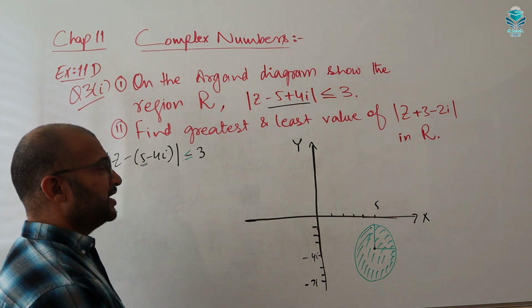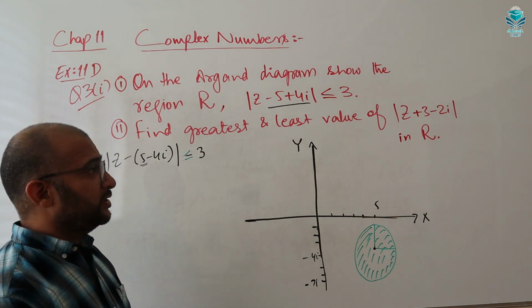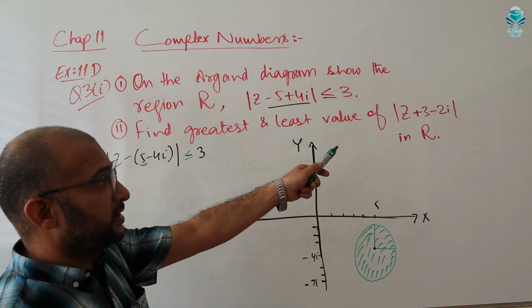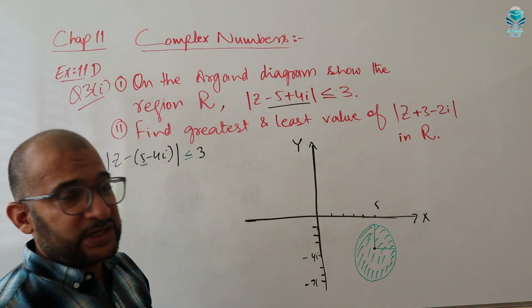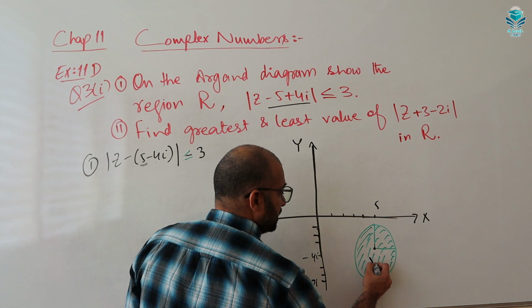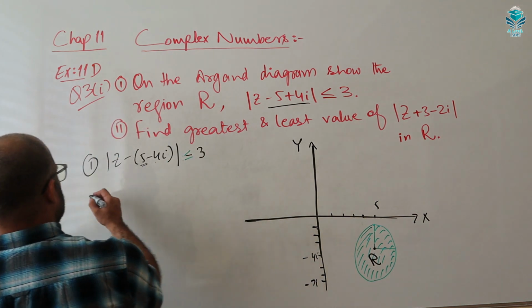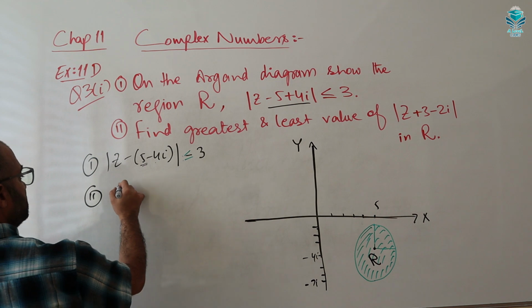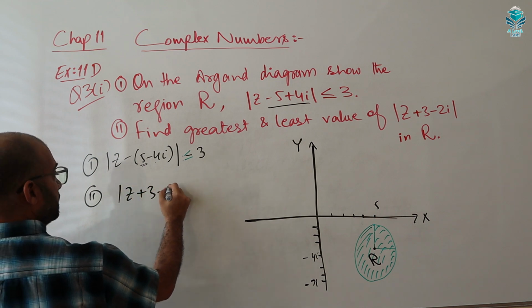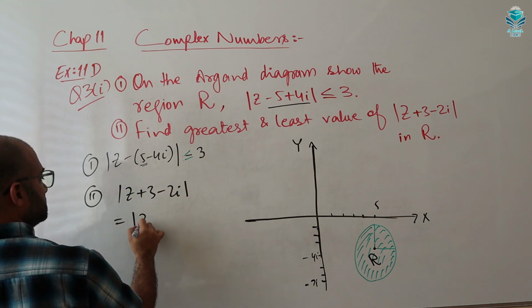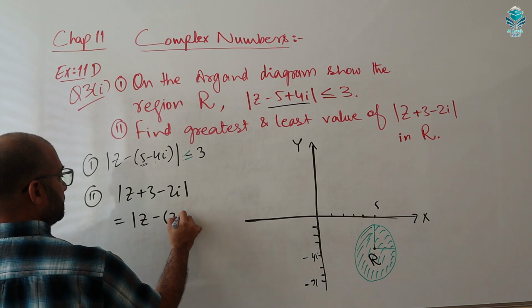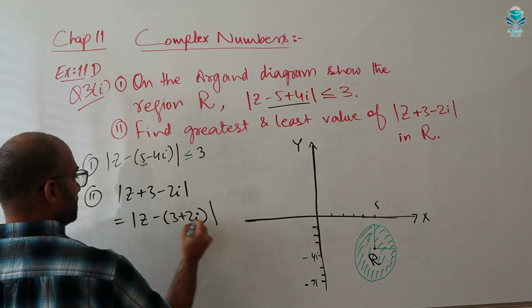He says find the least and the greatest value of modulus of z plus 3 minus 2i in the region R. This is your region R. The region you locate here is R. So if I consider the absolute value, you can write it as z minus minus 3 plus 2i.